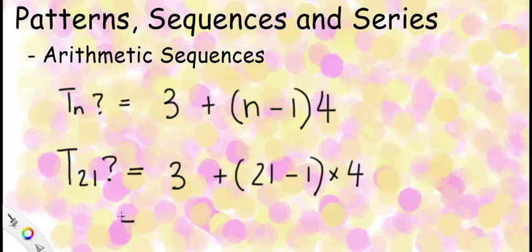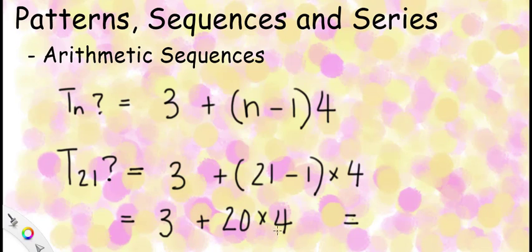If we use BODMAS, brackets first, we simplify what's in the brackets so we can get rid of them. 3 plus 20 times 4. And now we do the multiplication first.